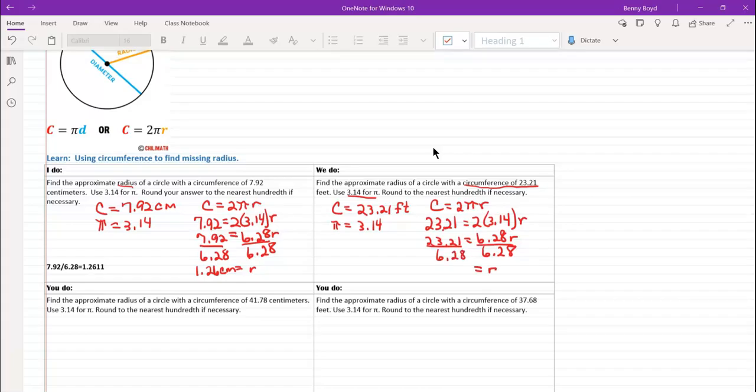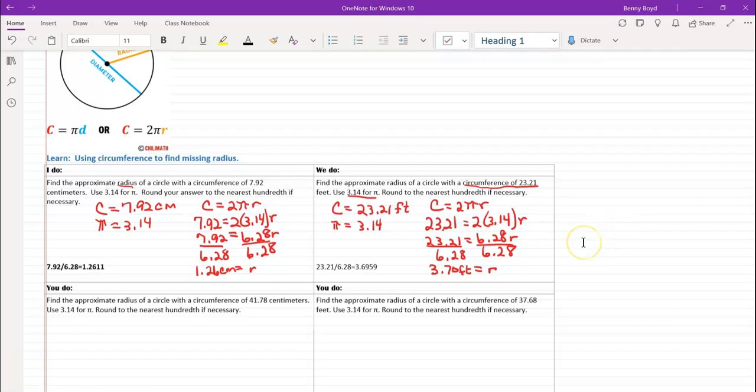And so R equals 23.21 divided by 6.28 equals, looks like when we round that off to the hundredths, that's going to be 3.70, and that is going to be feet. So 3.70 feet. I'd encourage you to pause the video and make sure you get your notes copied down for this one.